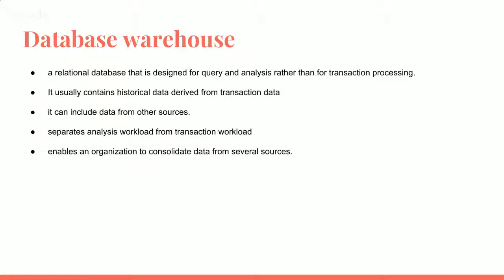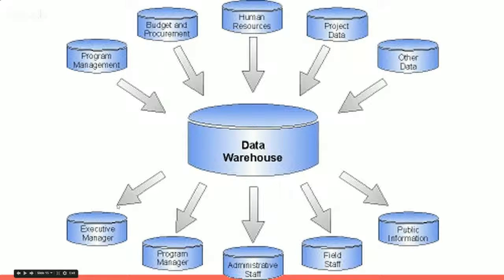It separates analysis workload from transaction workload and enables an organization to consolidate data from several sources. Also, it can save data for a long time. This picture shows how the data warehouse works, and how operational sources and project data can come in like that.